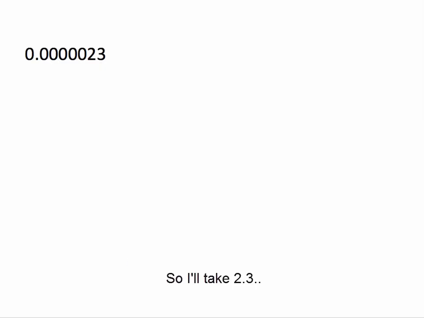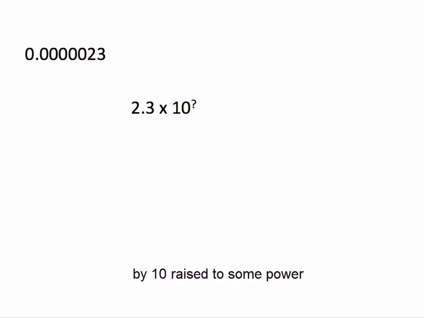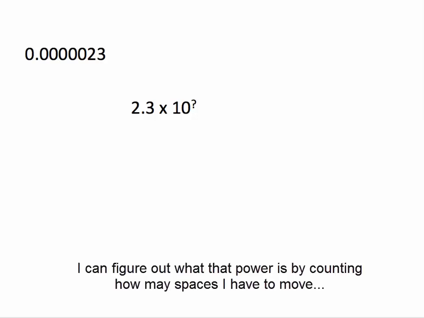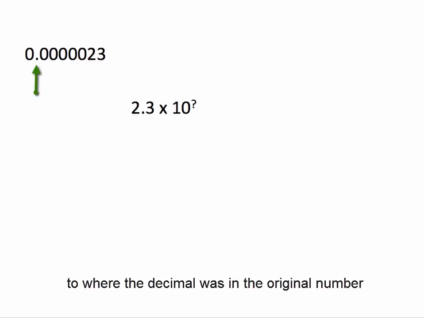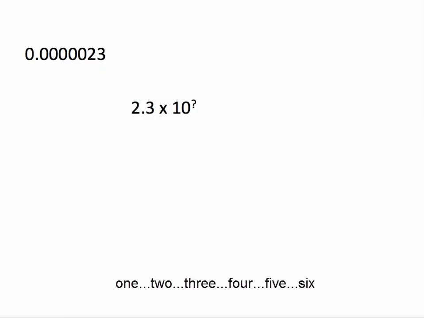So I'll take 2.3 and multiply it by 10 raised to some power, which will be negative. I can figure out what that power is by counting how many spaces I have to move to get from this decimal to where the decimal was in the original number. 1, 2, 3, 4, 5, 6.